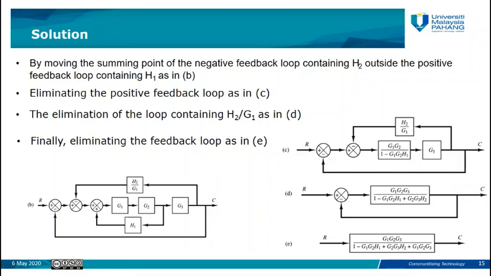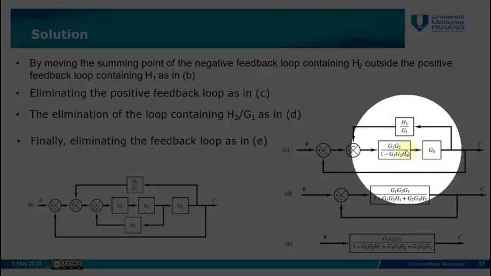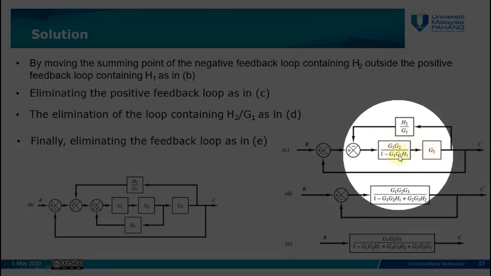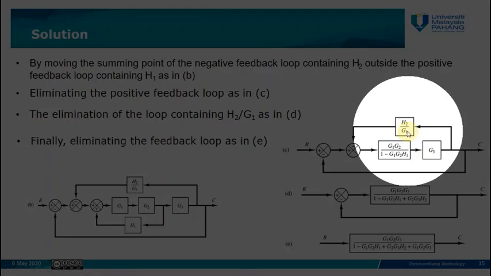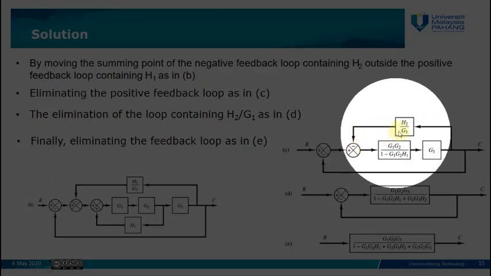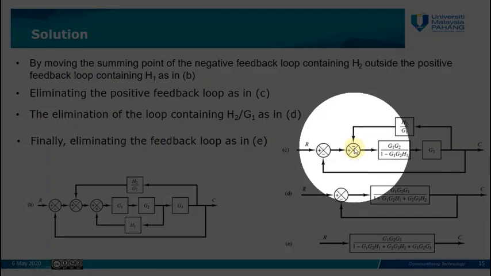Both of these, the new combination of cascade, will have this H2 over G1 as a feedback. Since it is taken from the output and goes to the input, it is a feedback system. So I can simplify these three blocks into a single feedback system.